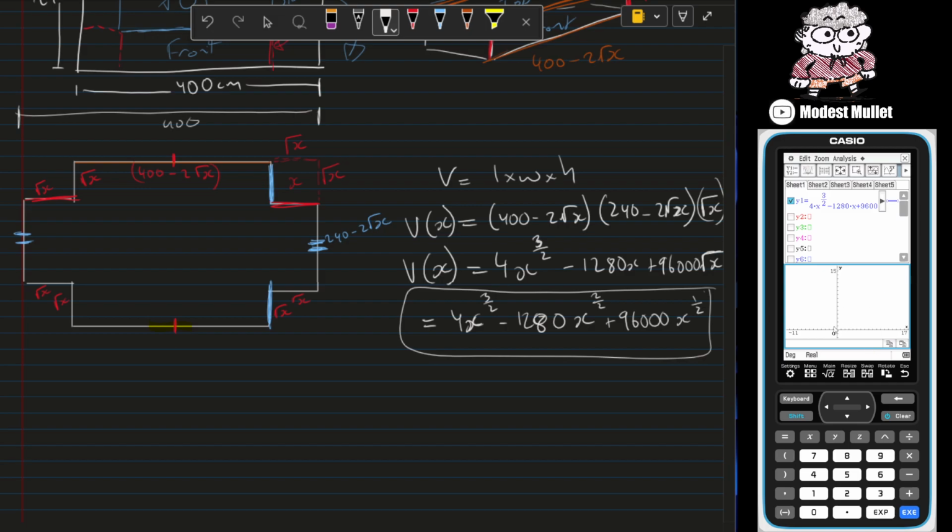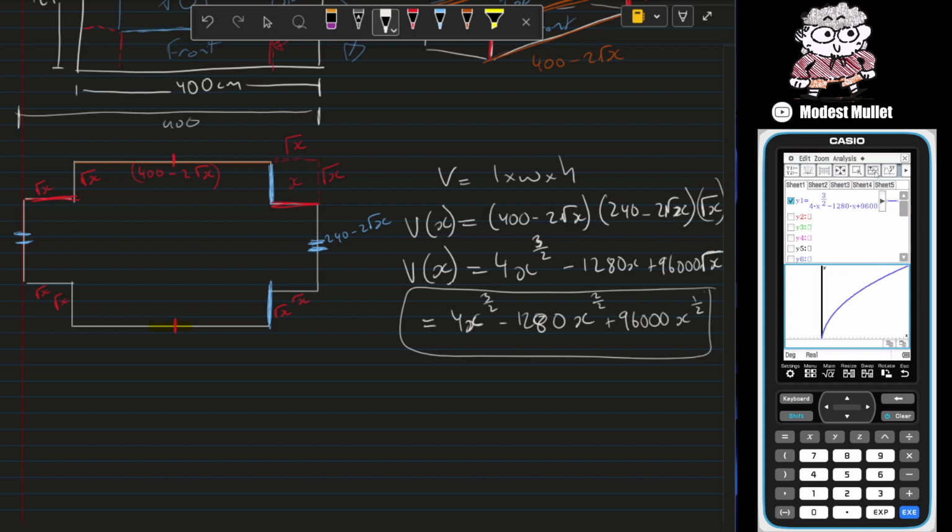Now I've graphed and nothing appears, and we've got to pay attention to the coefficients. We've got a 4, we've got 1,280 and 96,000. So we've got some really big coefficients. So let's try and hit this button, which converts it, and there we go. We've got something going on here, and it's hard to tell now. Our y-axis is really black.